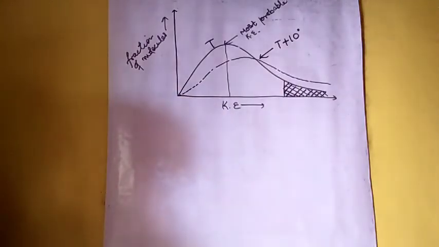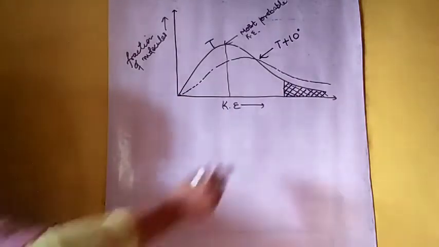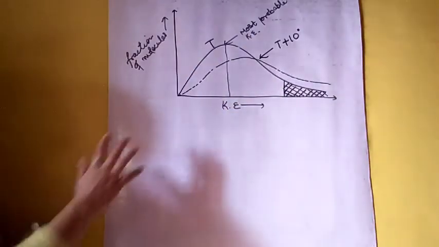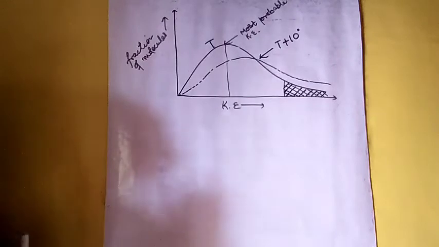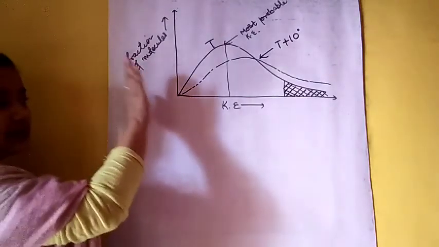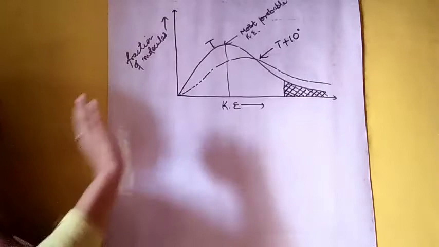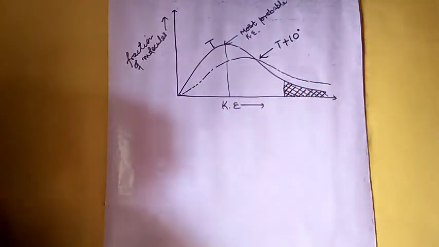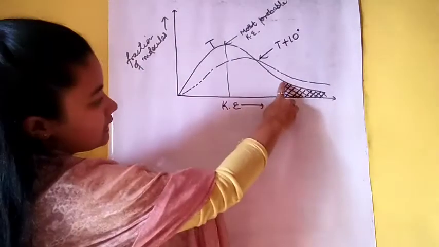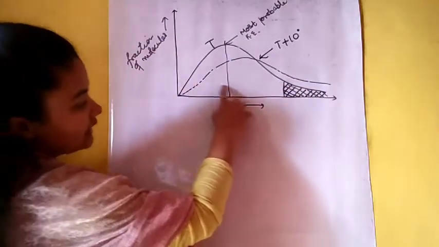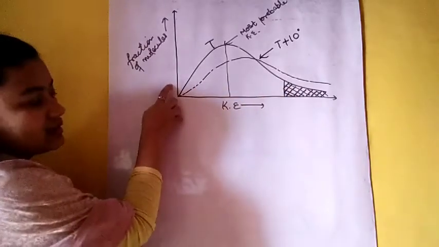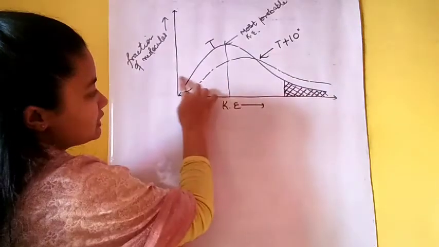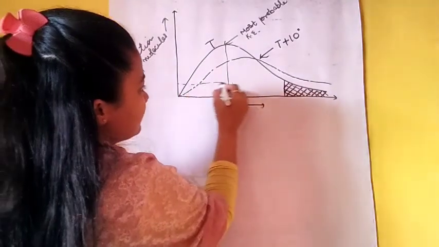Now what they observe, that if we raise the temperature by 10 degrees Celsius, the graph is something like this. Now what does this show? That if we increase the temperature, the graph is shifted to the right side, and the kinetic energy of the molecules is increased. Initially this many molecules have the highest kinetic energy, and after the 10 degree rise, this many molecules have the highest kinetic energy.